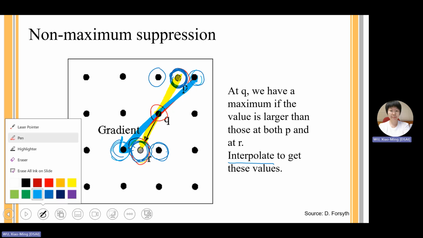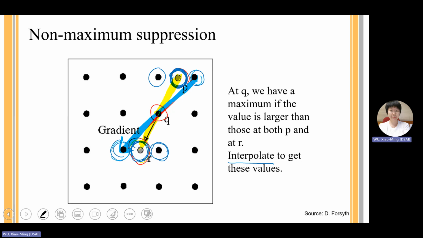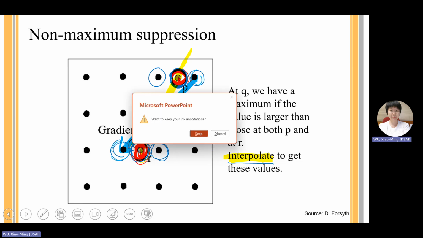Or we can do non-maximum suppression along the real gradient direction represented by the yellow one. And in this case, we need to do interpolation to compute the gradient values of those non-real pixels, so we can compare the three gradients. Okay, so that's how we do non-maximum suppression.